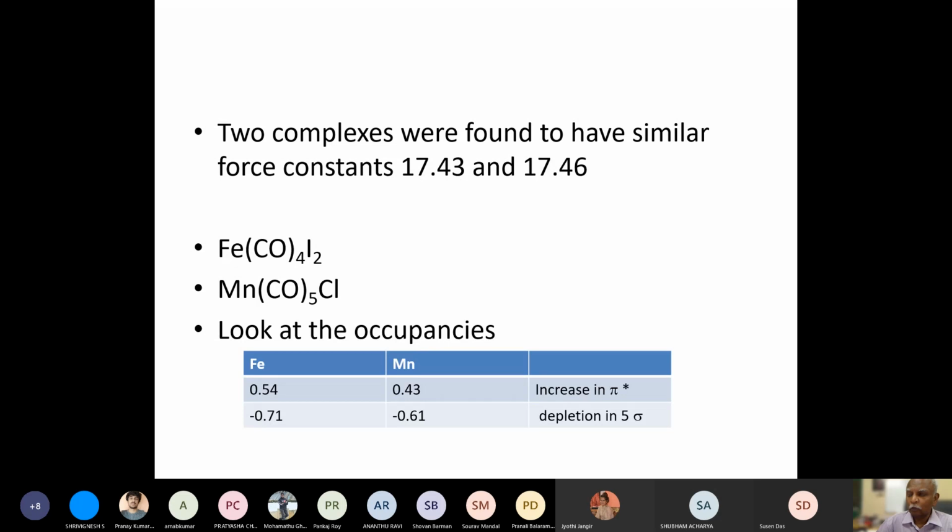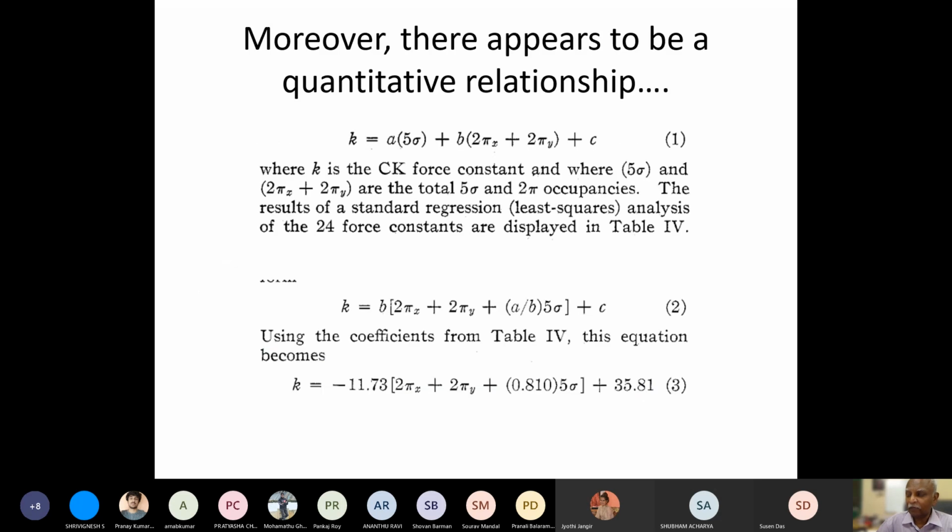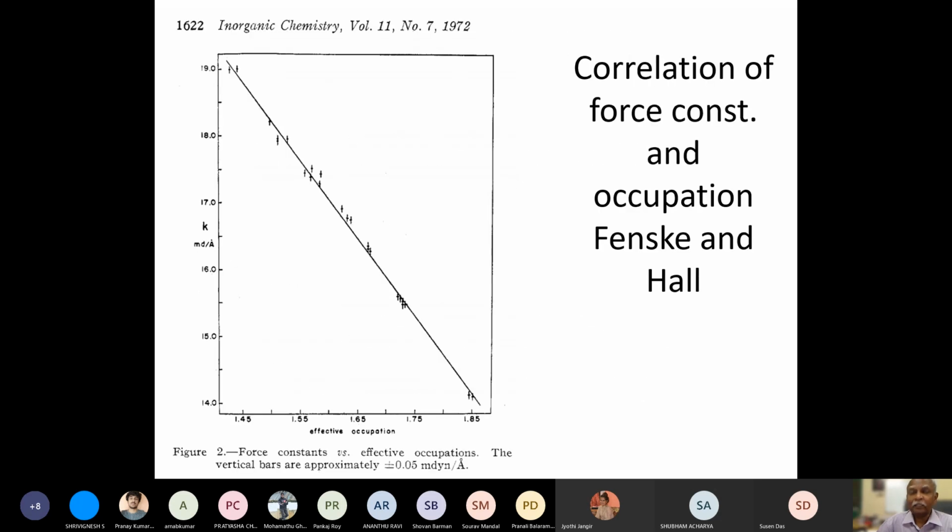Now, what they could do was draw a very nice linear relationship between the sum of the two populations and the stretching frequency converted to force constants. Force constant and stretching frequency are related by a simple relationship.